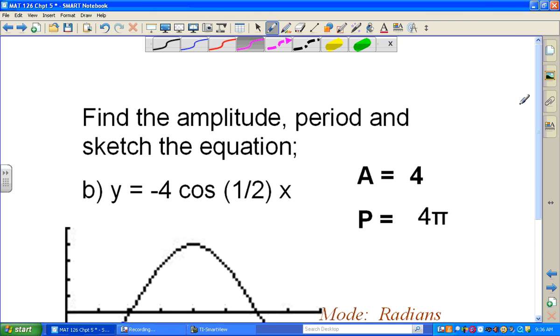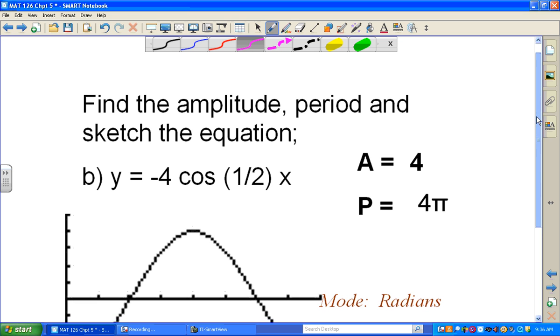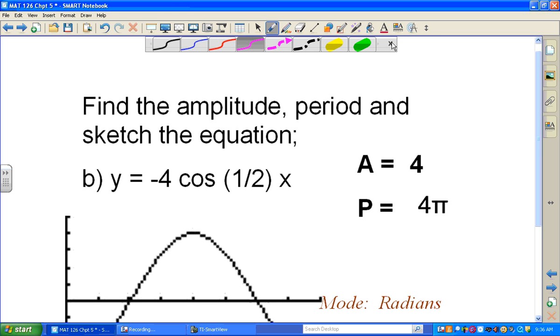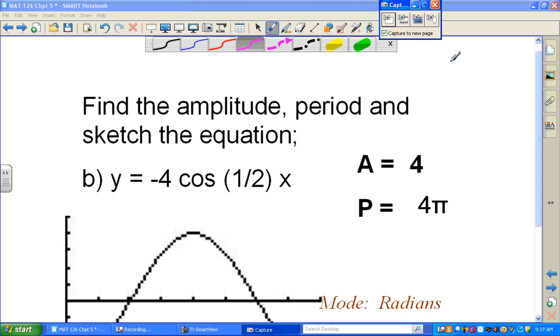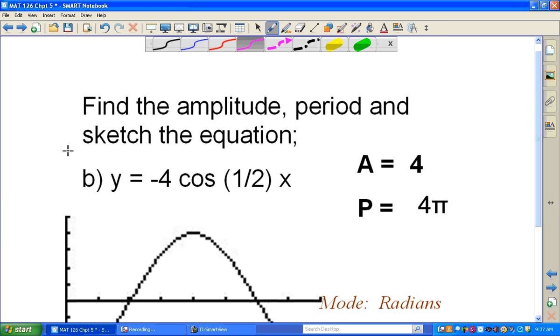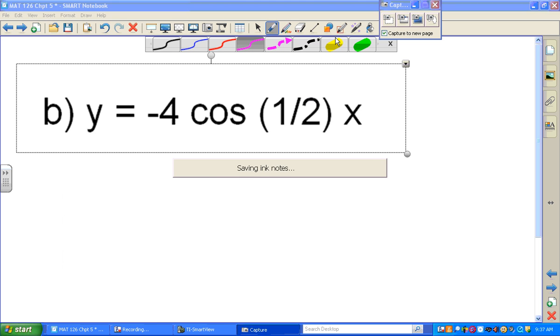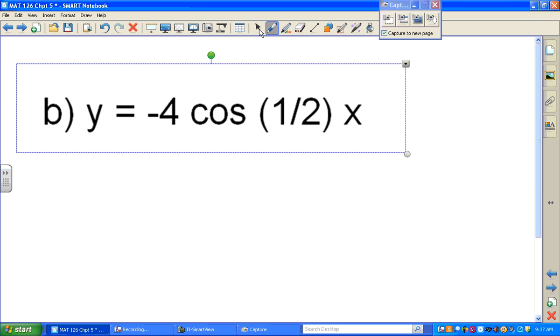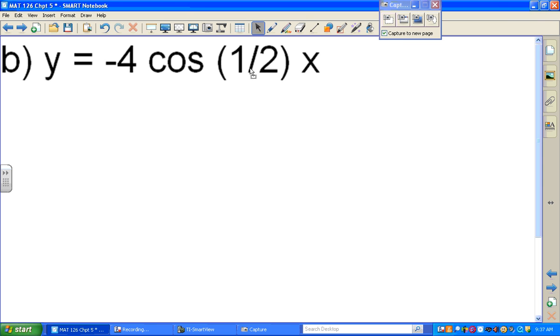All right, sketch. I'm going to take a picture of this onto another page and work with a clean page. Find the amplitude, period, and sketch the equation. Oh, that's a monster size. All right.